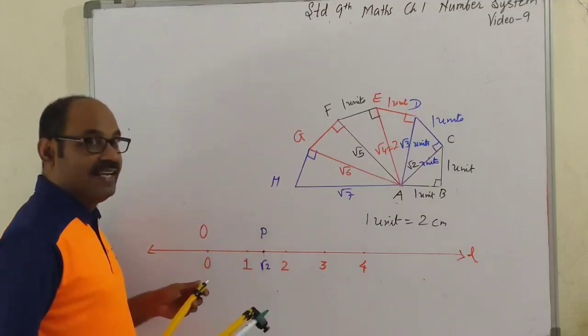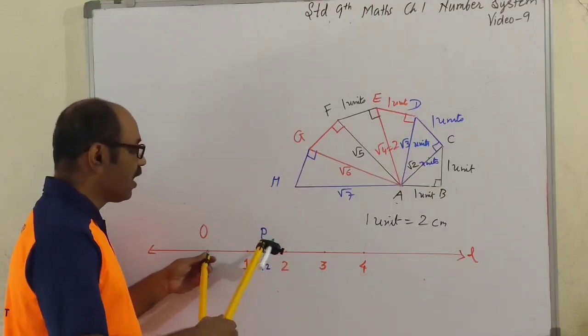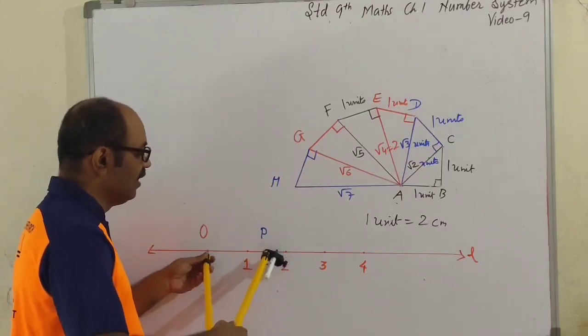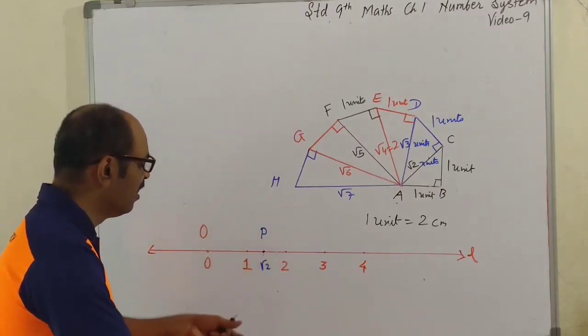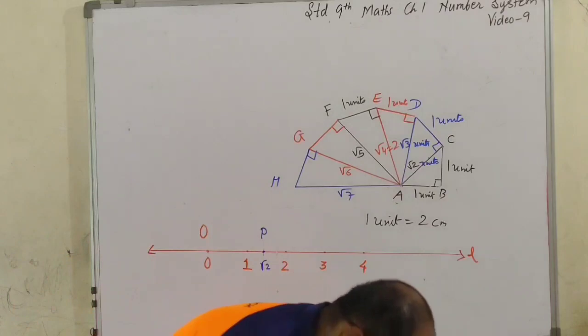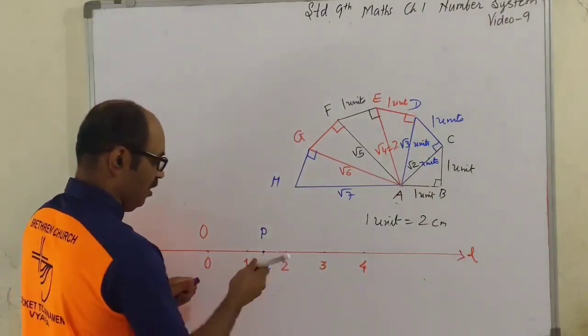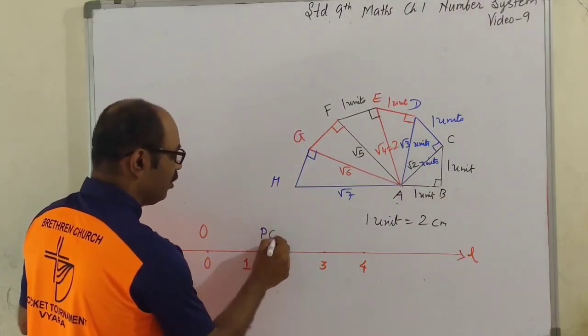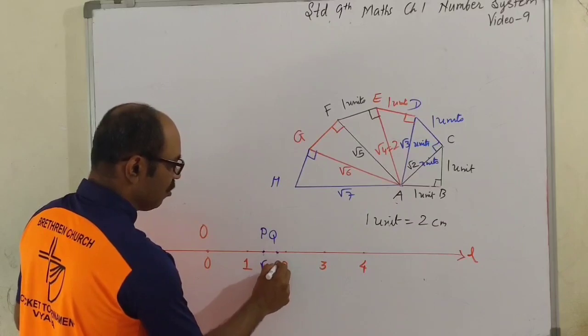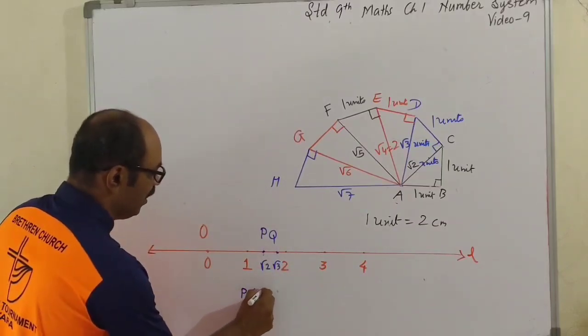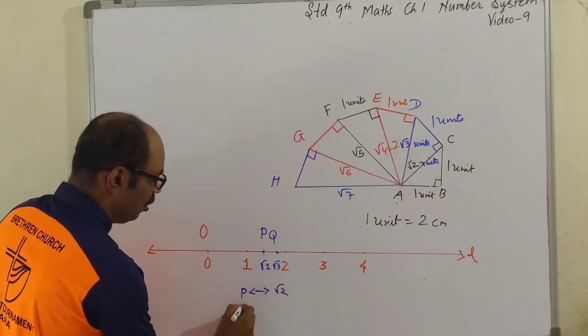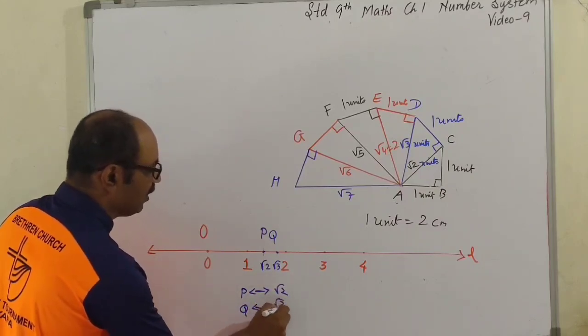Do the projection, center O, cut this line. This point that you got, let's call it Q, and that is root 3. You may start writing down if you want. P corresponds to root 2, Q corresponds to root 3.